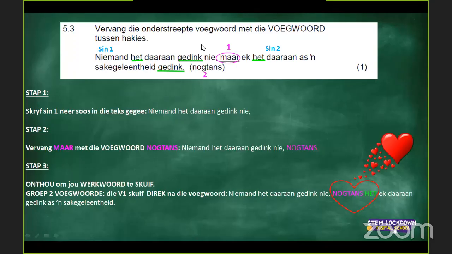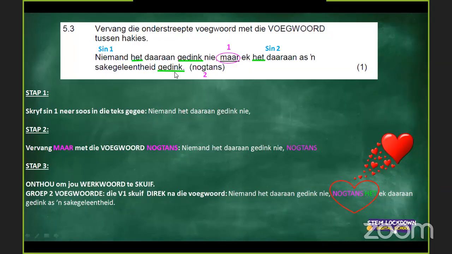So sin 1, sentence 1, I first identify the verbs. Niemand het daaraan gedink nie, so het gedink. Maar is a group 1 conjunction. Therefore, we just have a normal sentence following. There isn't anything else happening on the side there, so ek het daaraan as 'n sakegeleentheid gedink.